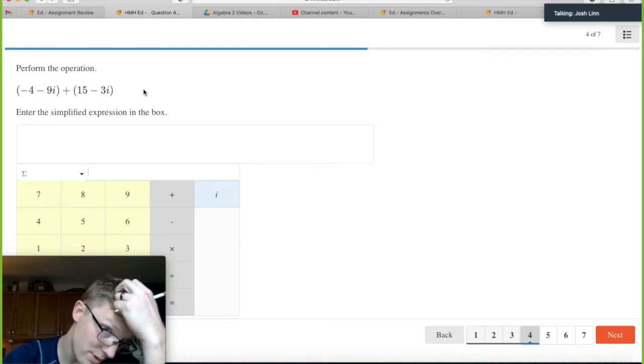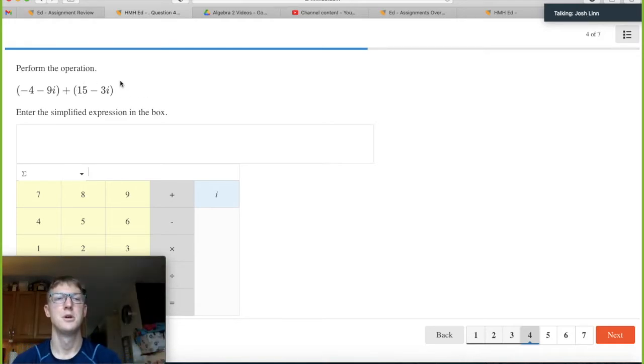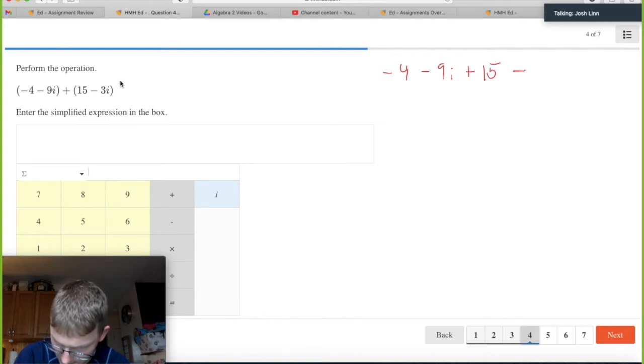Okay, here we go. Now let's actually do some stuff. So we've got negative 4 minus 9i plus 15 minus 3i. I think the associative property says that we can drop those parentheses. And then we've got something like this.